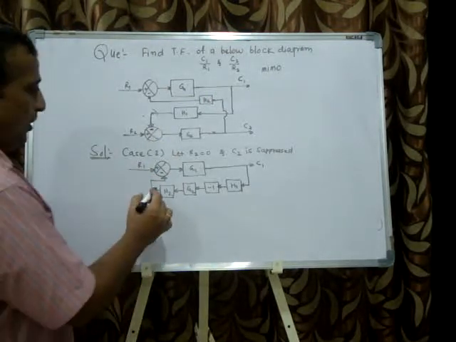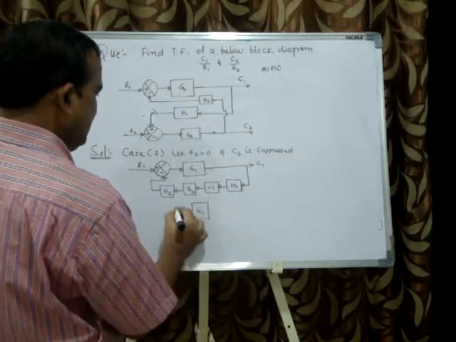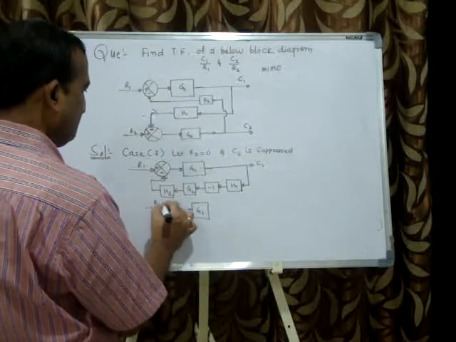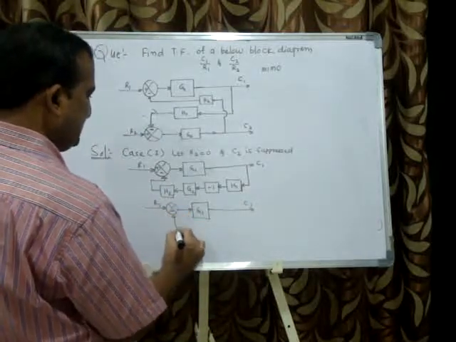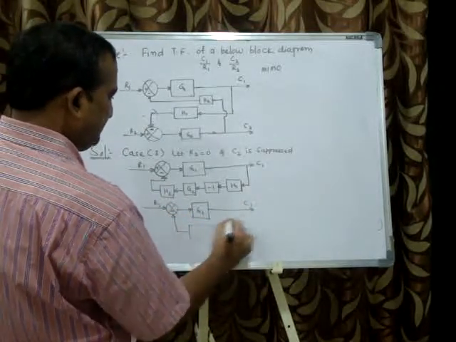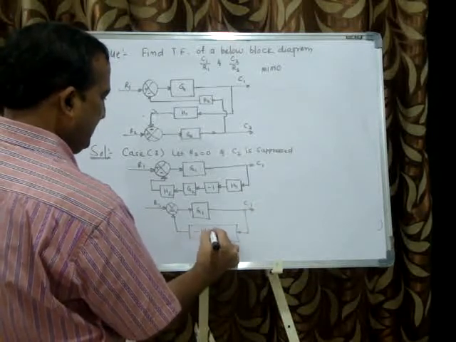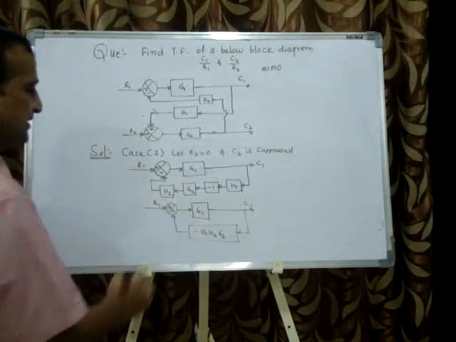Now all four blocks are in series, so I will multiply G1, here C1, here minus H1, H2 and G2, and here plus.